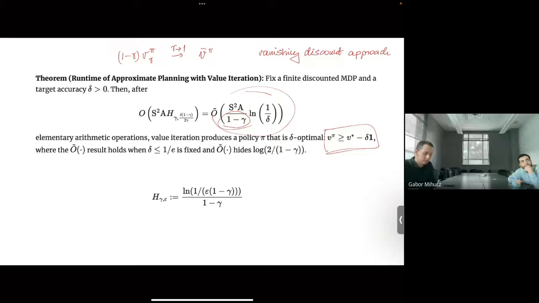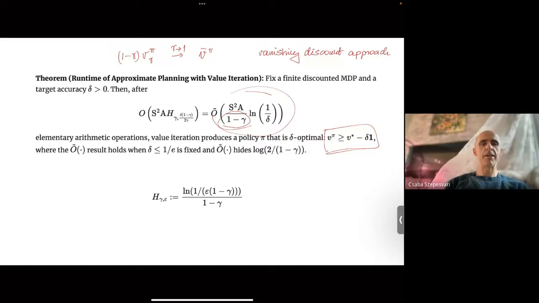Okay. I was going to ask a question. You mentioned a lower bound for this 1 minus gamma business. Is there a lower bound that somehow depends on this quantity? Let's say you have a small 5-chain MDP, a deterministic chain. If you set gamma to be 0.1 or 0.001, the optimal policy would still behave the same. I guess you're saying 1 minus 0.1.